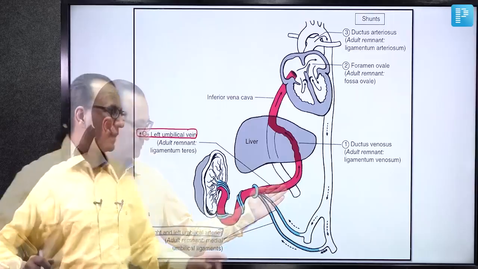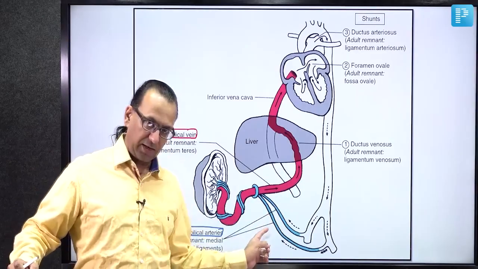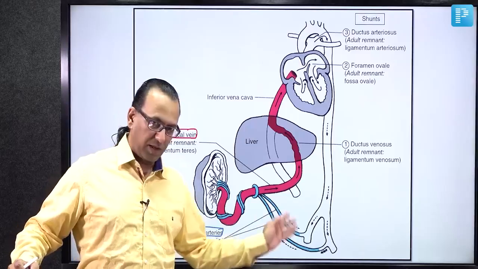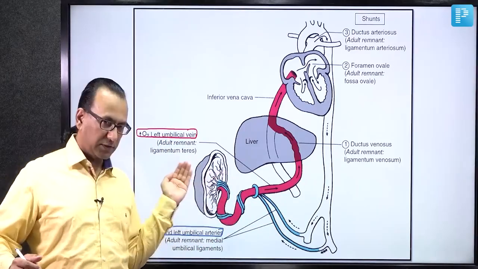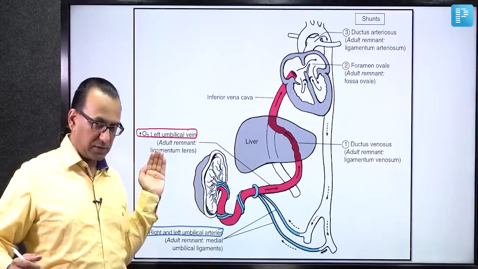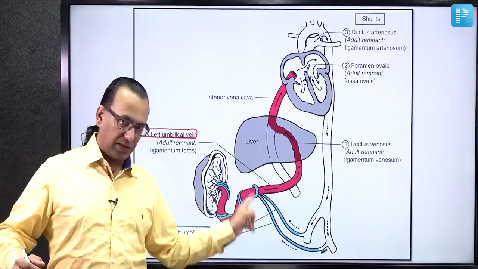Whereas the umbilical arteries we are showing in blue color because they carry deoxygenated blood from the baby towards the placenta and mother so that it can be oxygenated further by the maternal side. So here we have two of them seen in the umbilical cord.